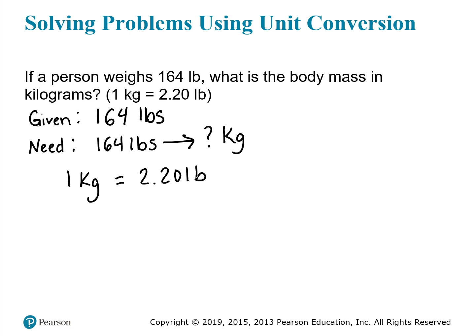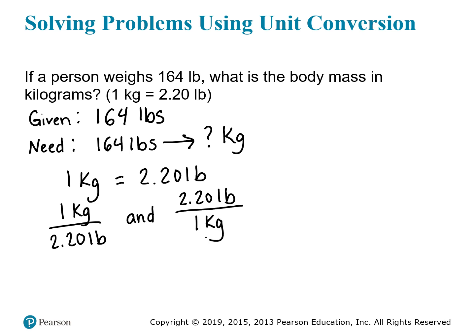So from here, we can write our two conversion factors. Remember, conversion factors are like fractions. So you take one of the values, we'll start with the 1 kilogram, and write that over the 2.2 pounds. Then the next one, you just flip that conversion factor over, and there you have it.